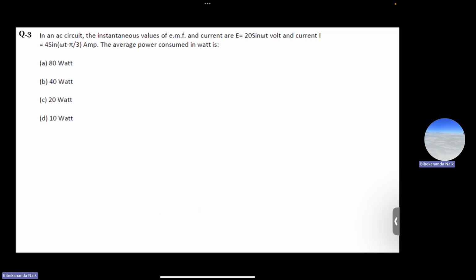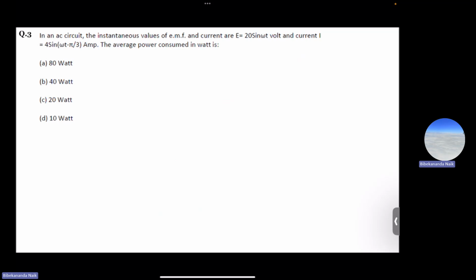Question number 3 says, in an AC circuit, the instantaneous value of EMF and current are E equals 20 sin omega t and current is 4 sin (omega t minus pi by 3) amps. The average power consumed in watt is, options are option A 80 watt, option B 40 watt, option C 20 watt, and option D 10 watt.